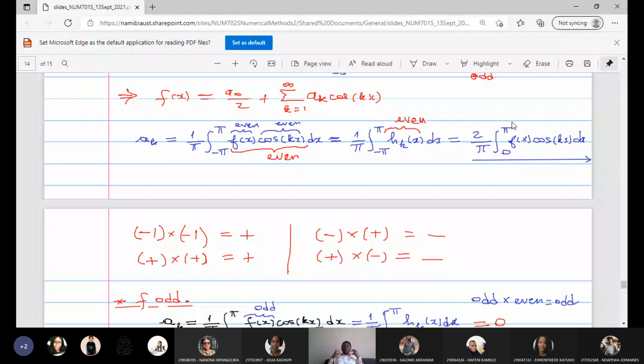But if your function is given only in the interval 0 to pi, it's not given on the interval negative pi to 0, then you cannot use this one. You can only use this one when it's defined from negative pi to pi. But if the function is only given from 0 to pi, you have to convert it and use this one.